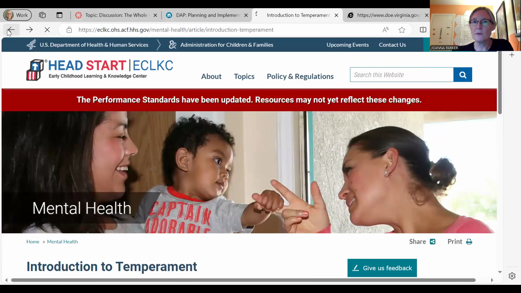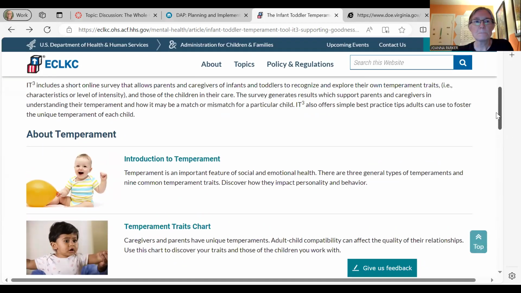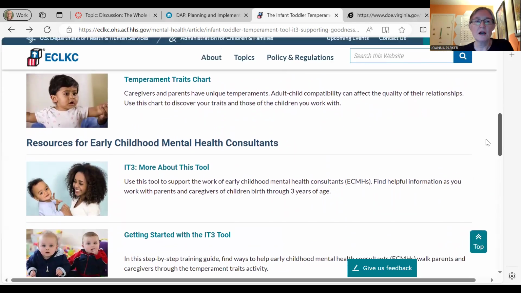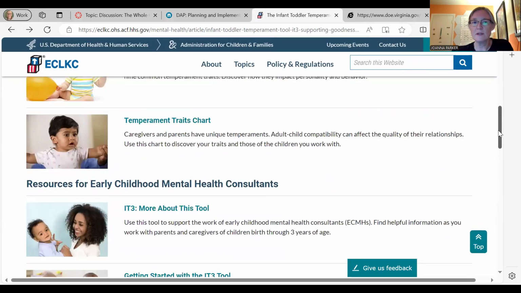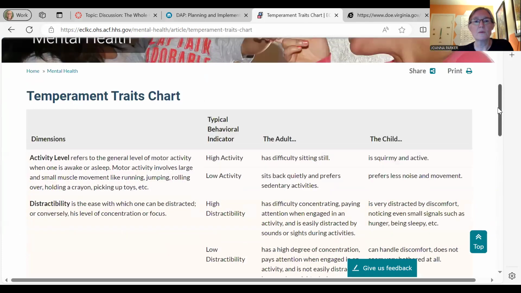If we go back to our previous page, there is then again additional information. We have our temperament trait chart where we take these 9 traits and we think about them in 3 categories, right?